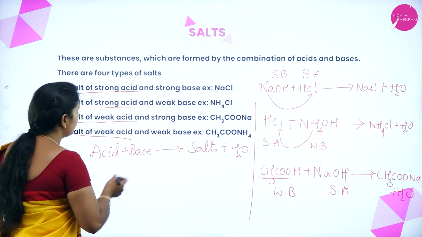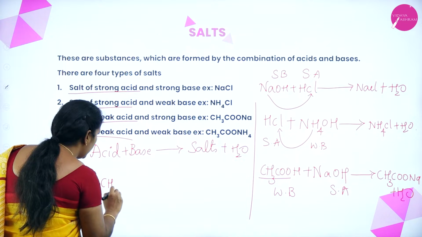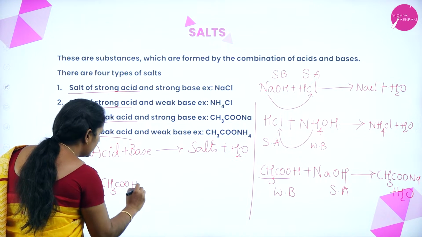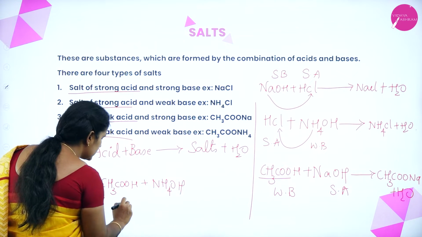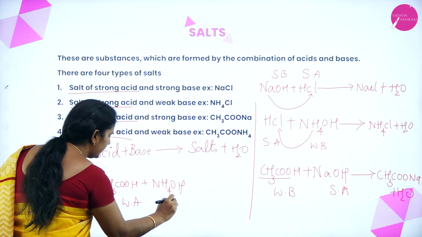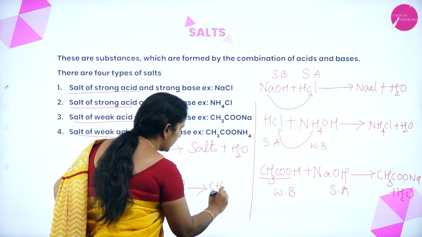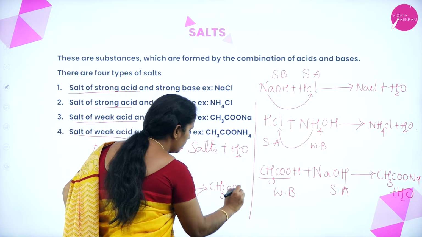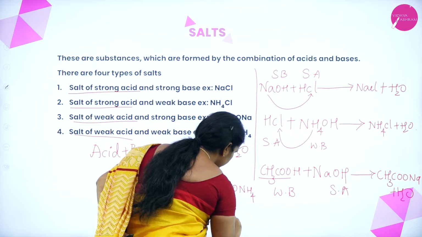I'll go with the salts of weak acids with a weak base. The weak acid is again acetic acid, and the weak base is ammonium hydroxide, as I used. It is a weak acid and this is a weak base. So both of them combine to form CH3COONH4 plus water molecule.